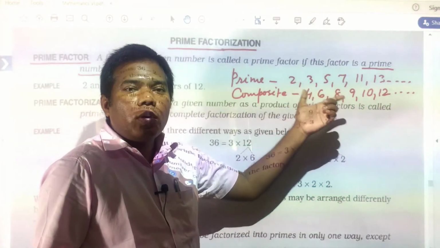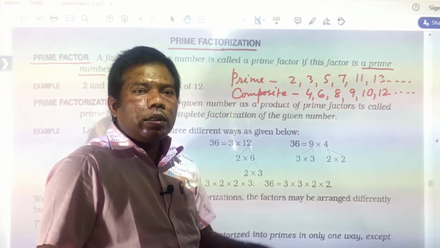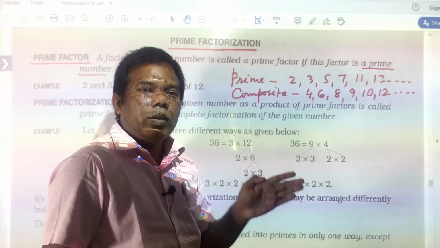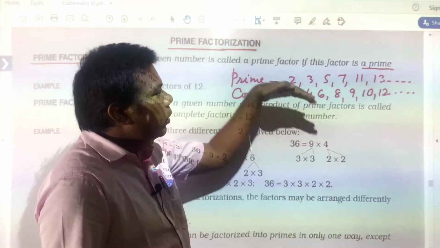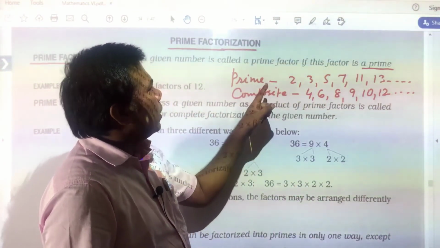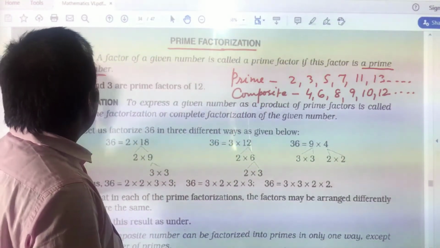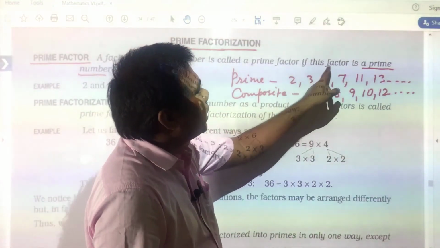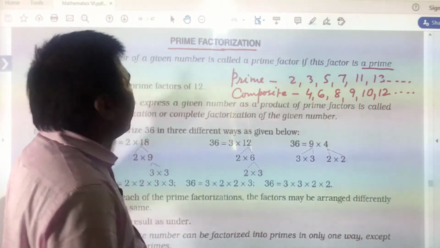You have already learnt how to find prime numbers and composite numbers between 1 to 100, 1 to 200, 1 to 400, and you recognize well what are prime numbers and what are composite numbers. So, here you see what is a prime factor. A factor of a given number is called a prime factor if this factor is a prime number.